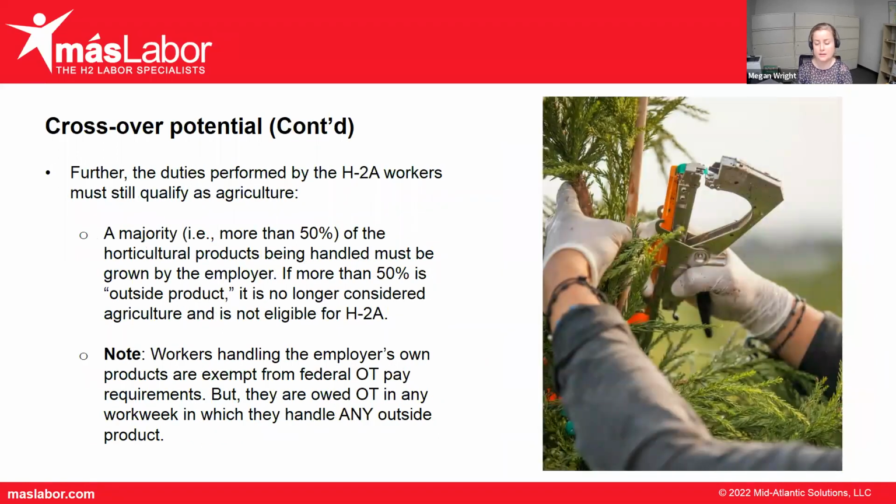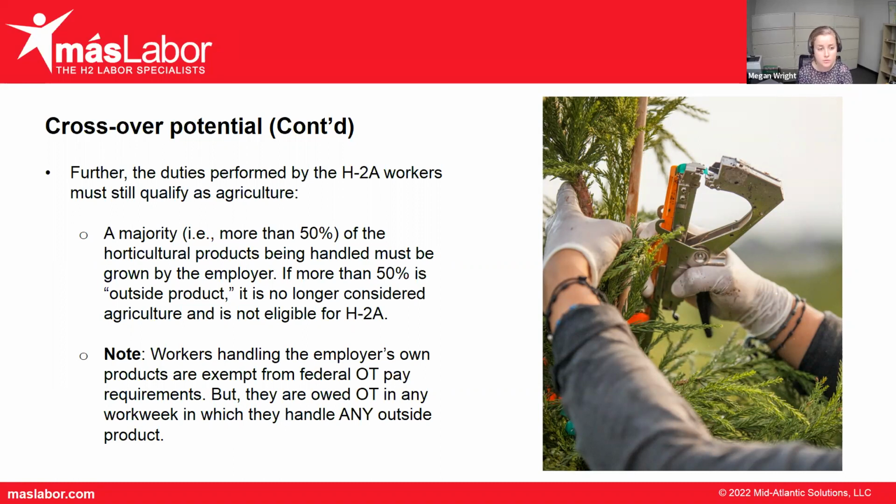And so we really see this again between landscaping and agricultural job duties more on that nursery side for H-2A. And so that brings me here again to making sure that we're paying attention to going back to that eligibility requirement. So if you are going to have H-2A workers, all of their job duties must still qualify as agriculture.